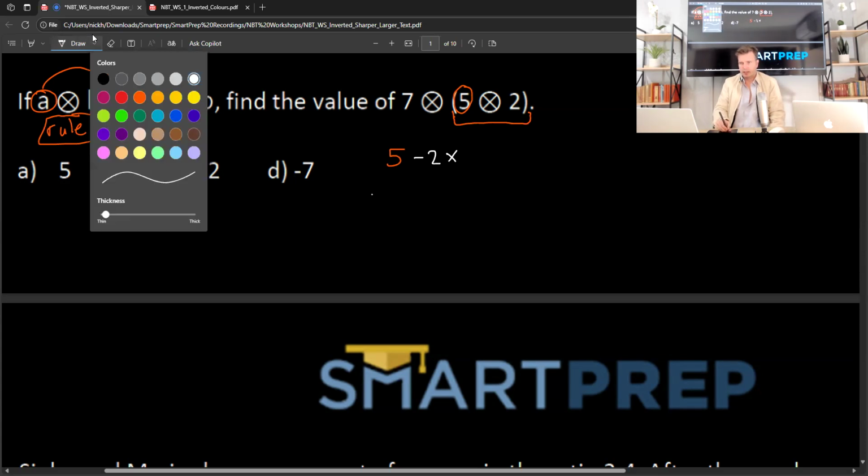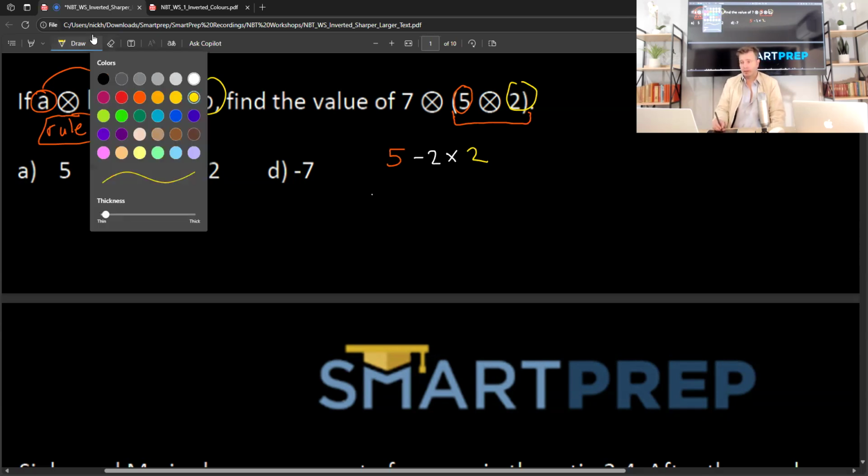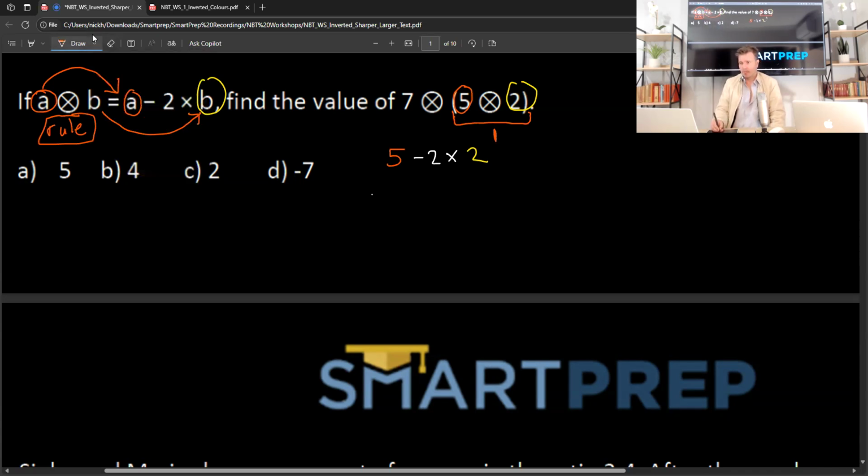And then our b, let's do our b in yellow, is 2. And so it'll be times 2. Basically what I'm doing is I'm putting the a over there and a b over there. The a is 5, the b is 2. 5 minus 2 times 2 is 1. Okay. And so this whole thing here is 1.